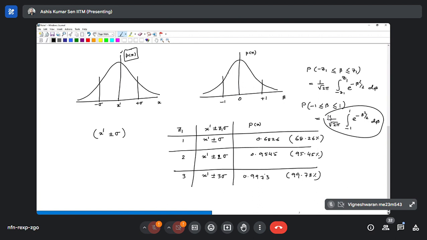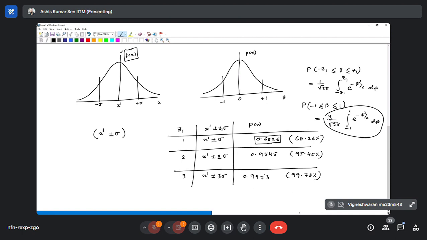Now, once I have the data, I am asking, if I do one more measurement, what is the probability that my measurement is going to lie within the plus minus sigma interval? That probability is 68.26%.